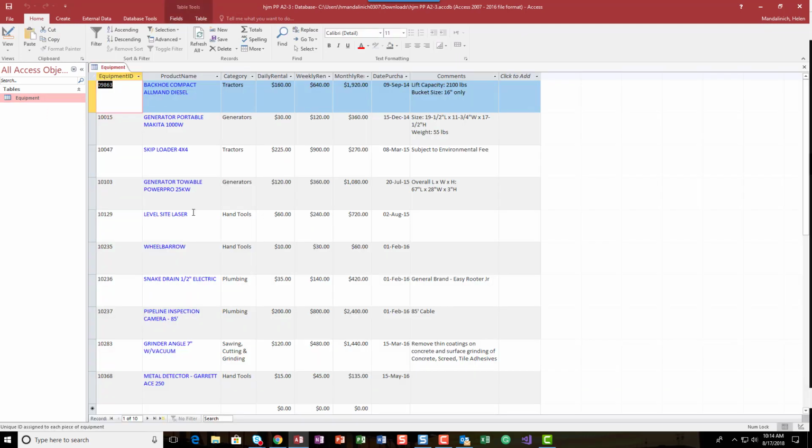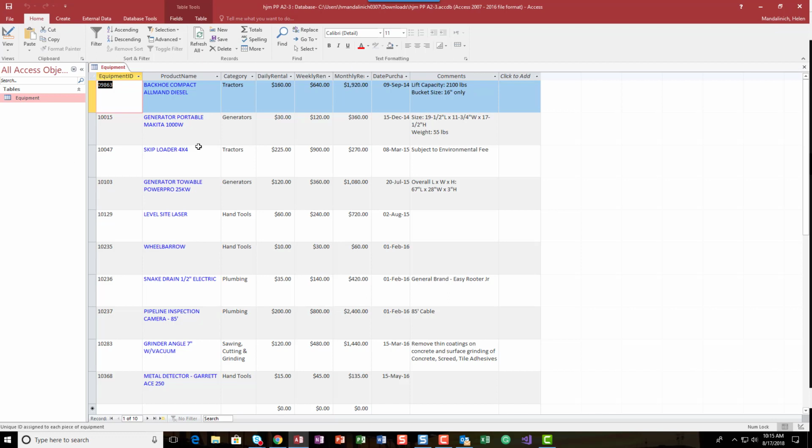So we want to collect information about all kinds of maintenance, whether it broke down and they had to fix it, or whether you're doing preventative maintenance. We want to keep a record, a history of this skip loader 4x4, this tractor: when was the oil changed, when did it get new tires, those types of things.